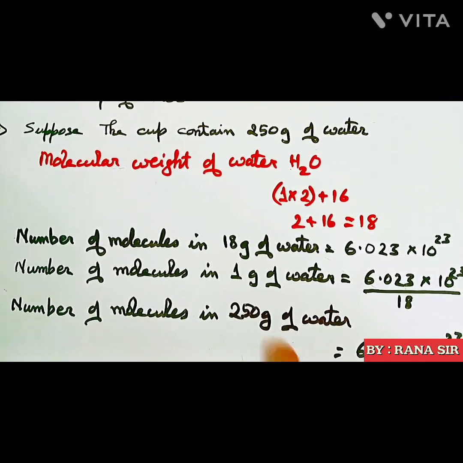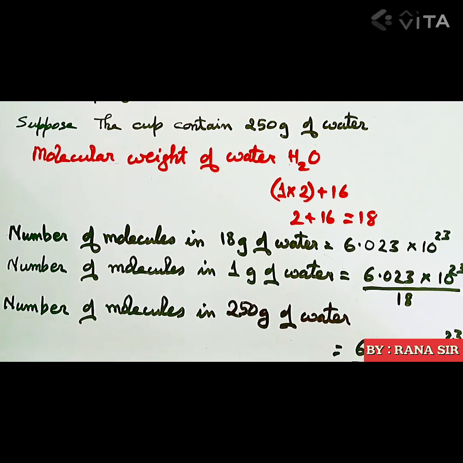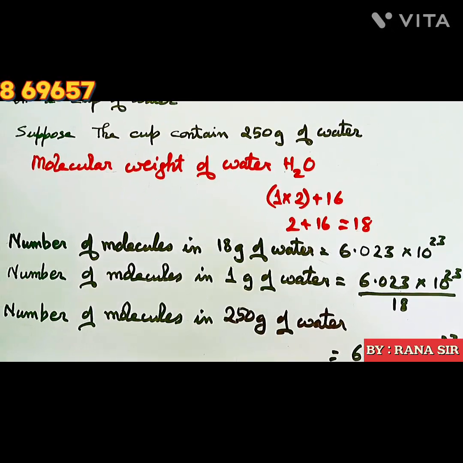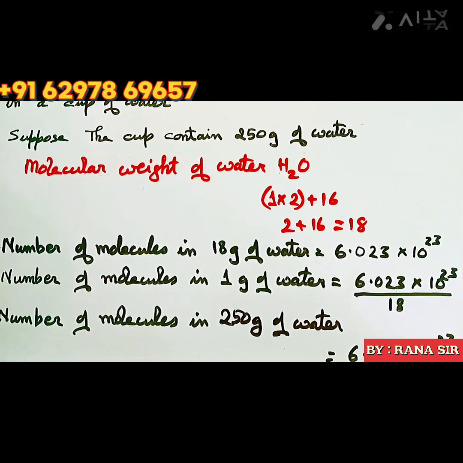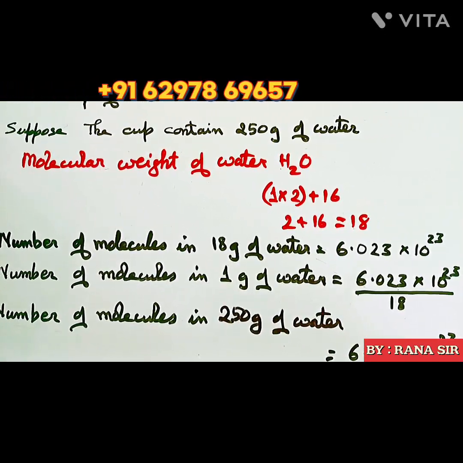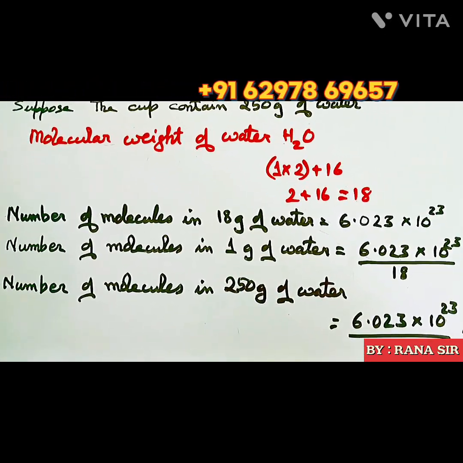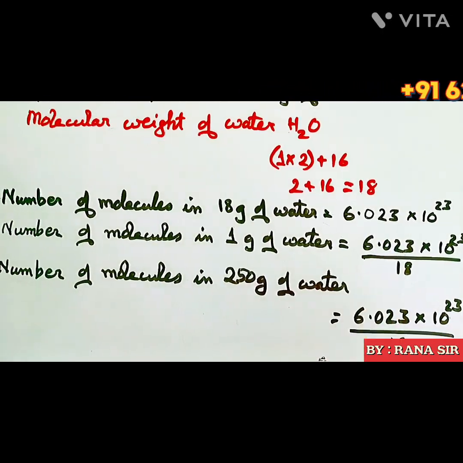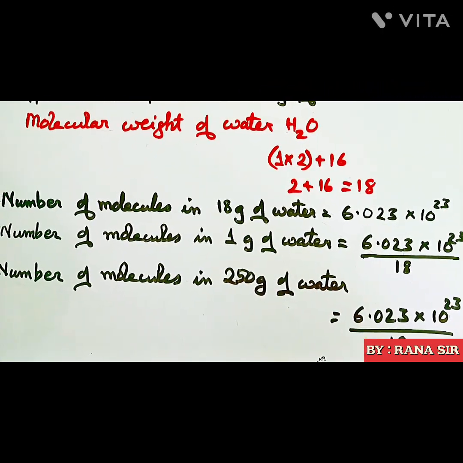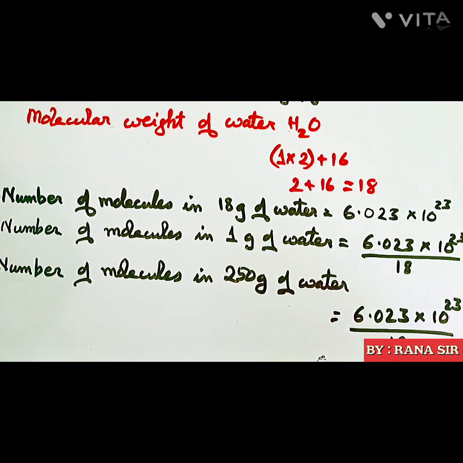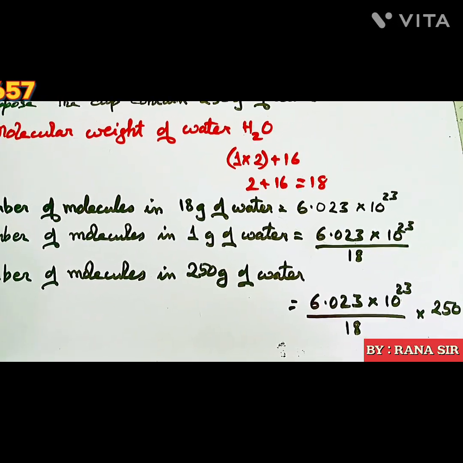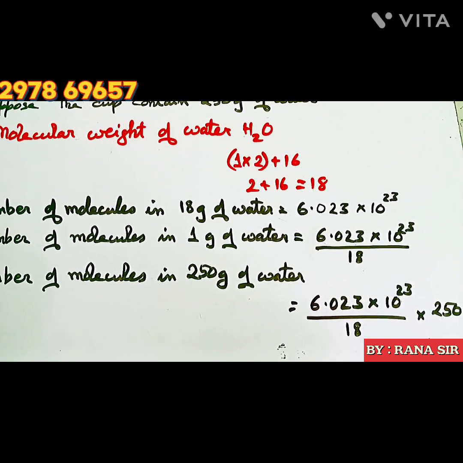Now, let us do the unitary method. The number of molecules in 18 grams of water is 6.023 into 10 to the power 23. What is this number? This is Avogadro's number. So the number of molecules in 1 gram of water is 6.023 into 10 to the power 23 divided by 18. Now the number of molecules in 250 grams of water is 6.023 into 10 to the power 23 by 18 into 250.